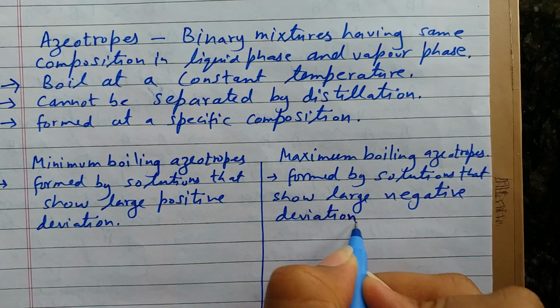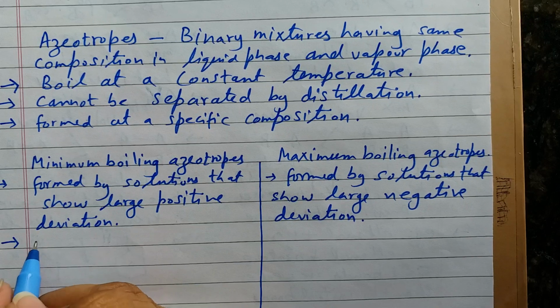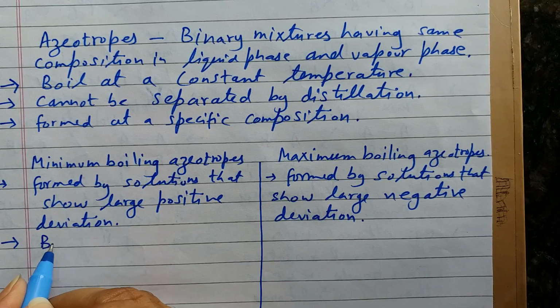So that is point number 1. Now why are these solutions called minimum boiling? Because as you know, this mixture of two substances is going to boil at one temperature.